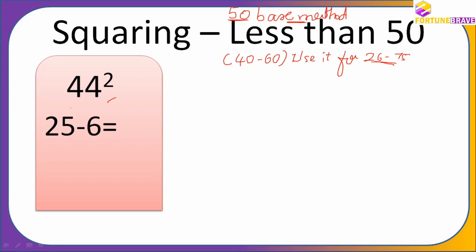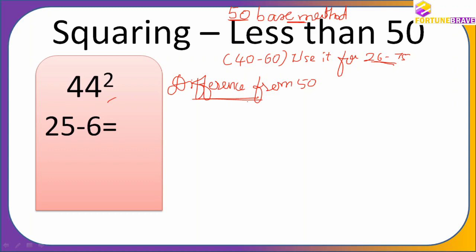So 44 square. What we are going to do, we are first going to find out the difference from 50, like we used to do in the 100 base method, where we see the difference from 100.